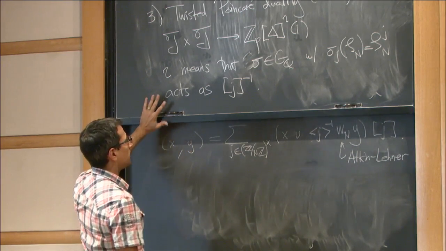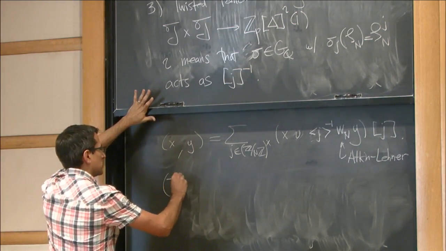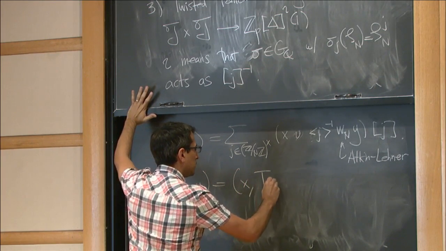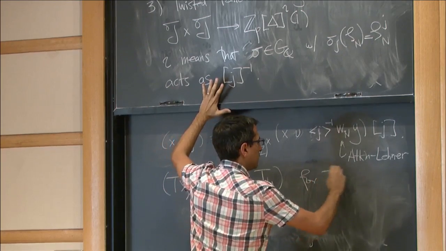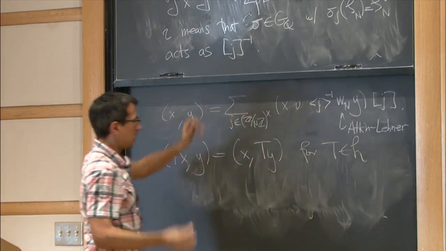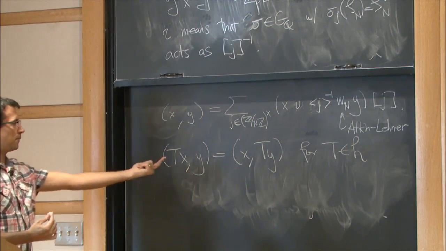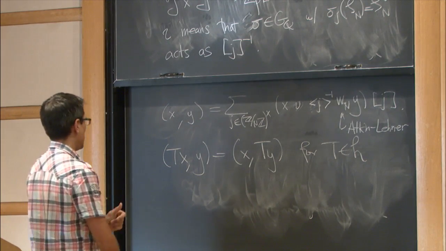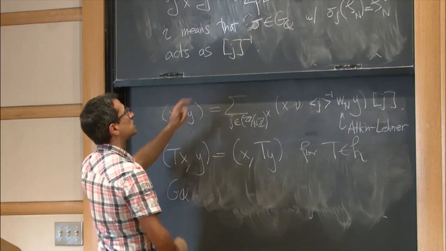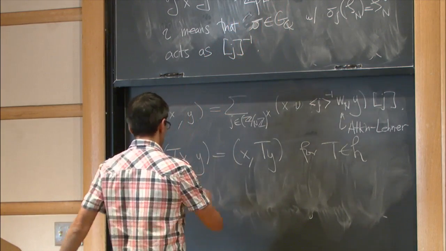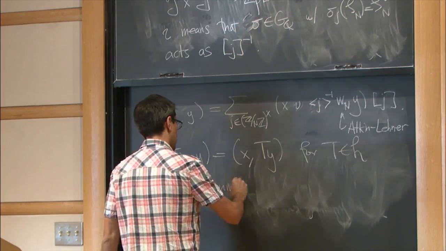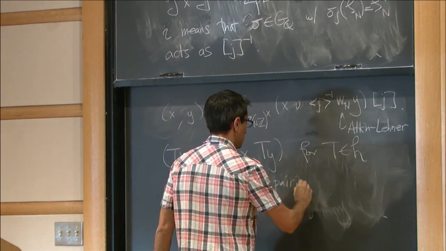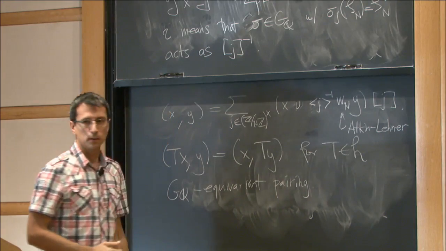But the nice thing about this definition is that it now respects the Hecke action like this. And also, the reason for writing this is because this is a GQ equivariant pairing.